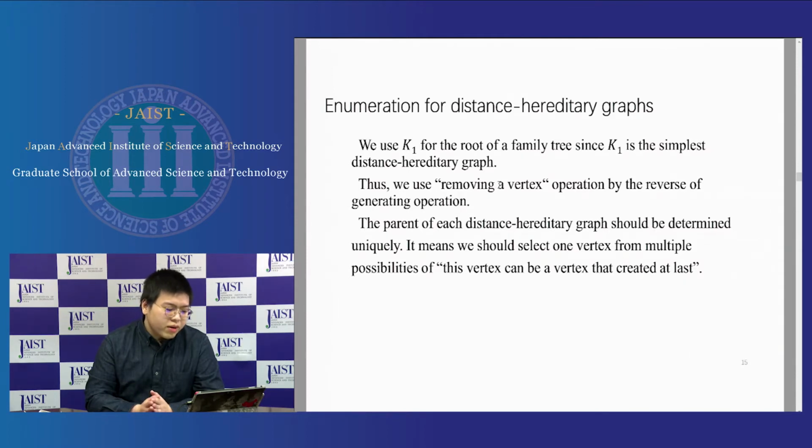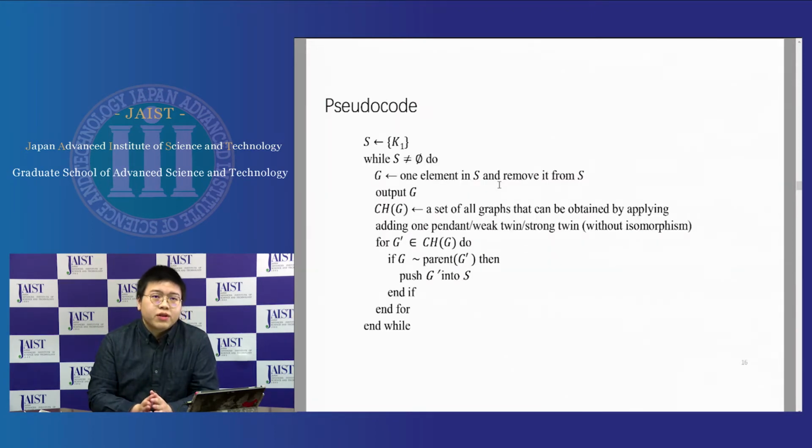So the parent of each distance hereditary graph should be determined uniquely, and we can select one vertex from multiple possibilities, such as the vertex that was created last. Here we give the pseudocode for the enumeration algorithm.